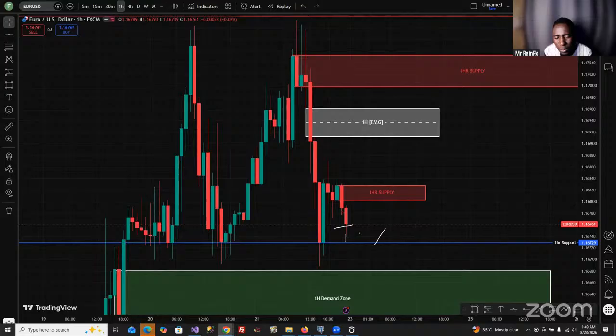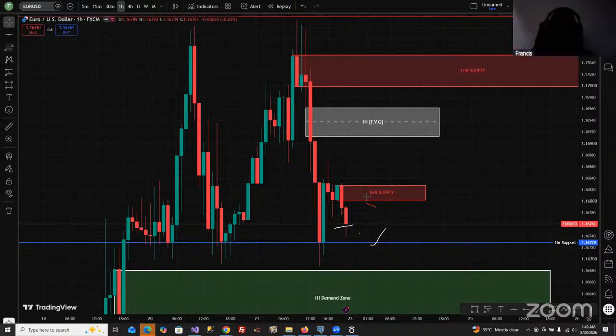Just point. I will wait for it to retest here. And that is the first place. Where is the second place you can enter a sell? Here. What other place can you enter a sell?